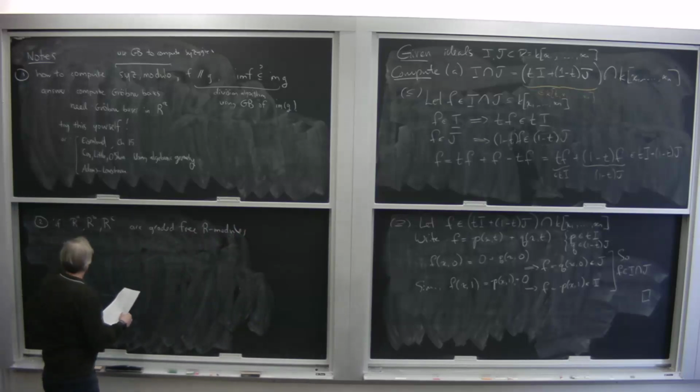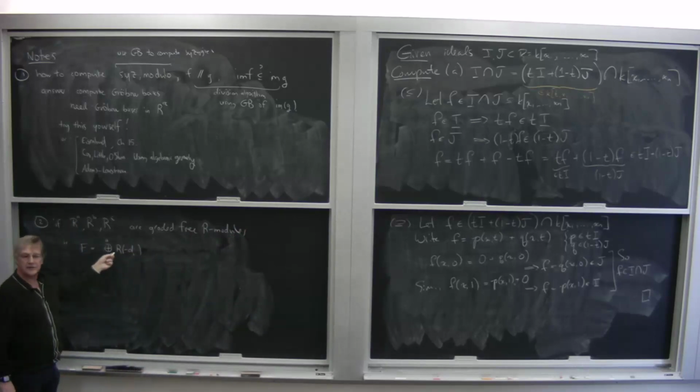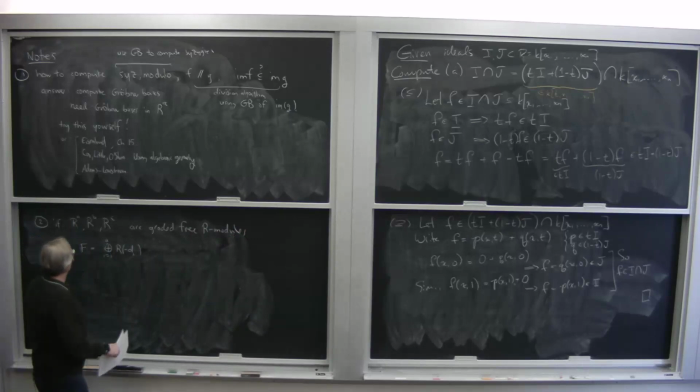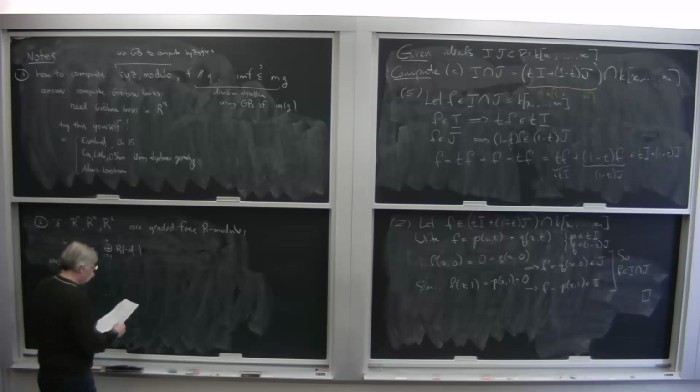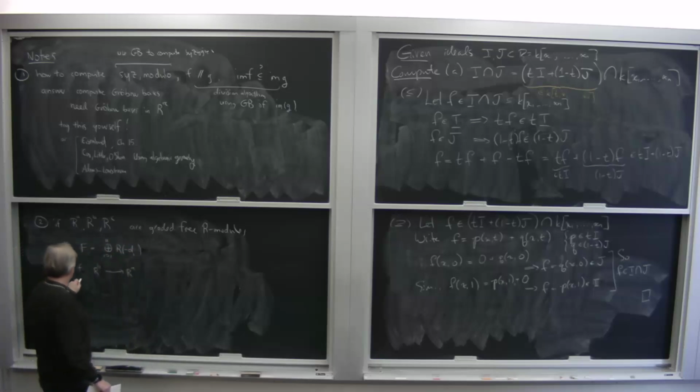That is, F is equal to the direct sum of R with the twists we defined earlier, minus d_i, from i equals 1 to A. This is like R to the A, but you're giving each of the A generators a degree: the ith generator has degree d_i. So if all of these are like this, and F is a map from this free module, R to the B to R to the A, but really I'm thinking of it as having given gradings to these things. And G is from R to the C to R to the A.